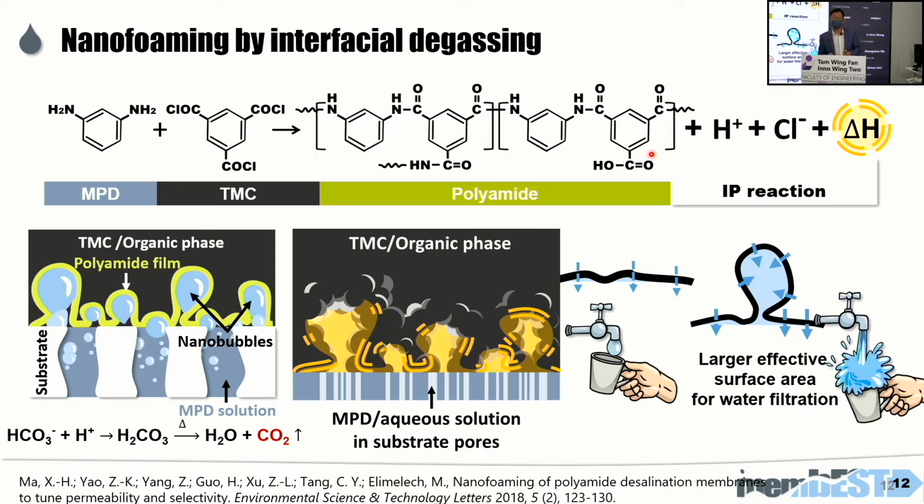But the amazing thing is that if we tweak this chemistry a little bit, we can make it so much more efficient. For example, here we notice that this reaction produces an acid and also some heat. We discovered that if we put some additives in this reaction, for example bicarbonate, the bicarbonate can react with protons, and that will release carbon dioxide, CO2, under heating.